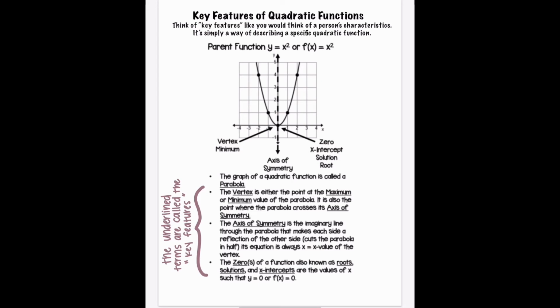Remember, the parent function is y equals x squared, or f of x equals x squared. And those points that we plotted, some of them are key features. They are really important points that make that parabola what it is. So we'll start with just a reminder that the graph of a quadratic function is called a parabola.